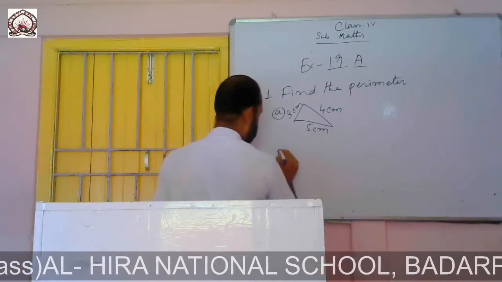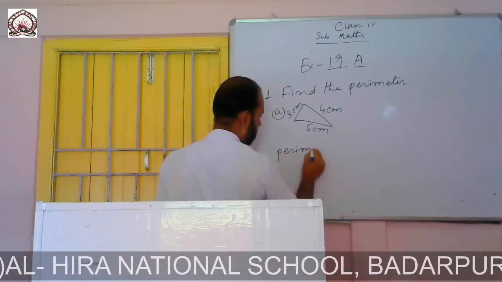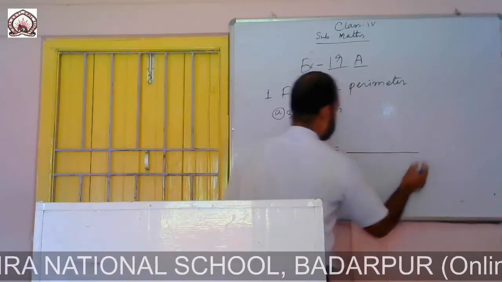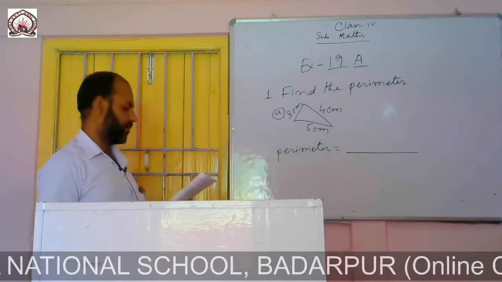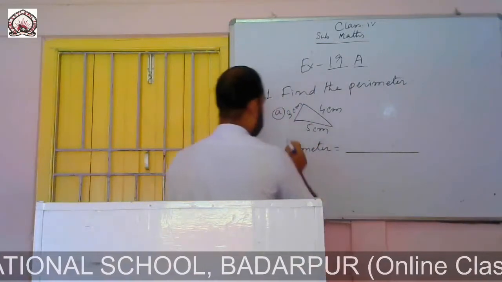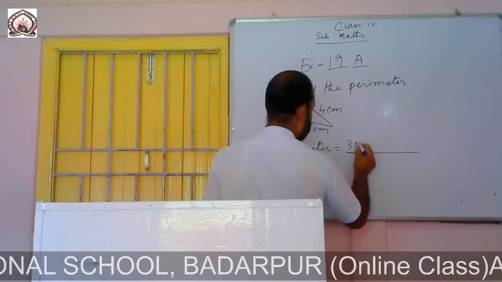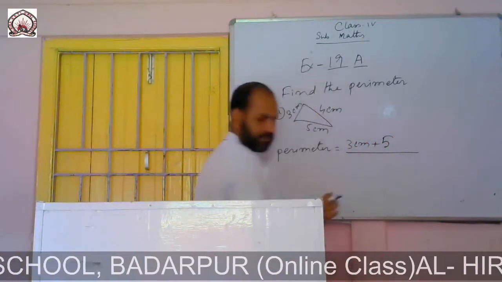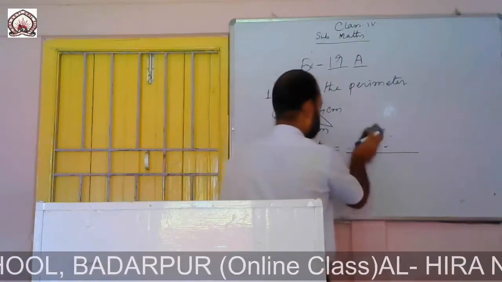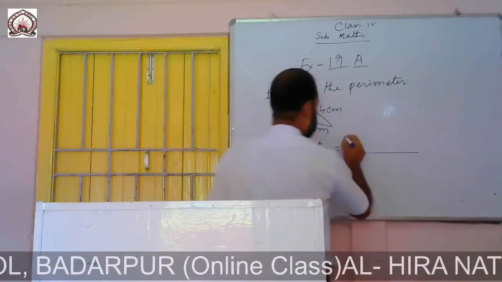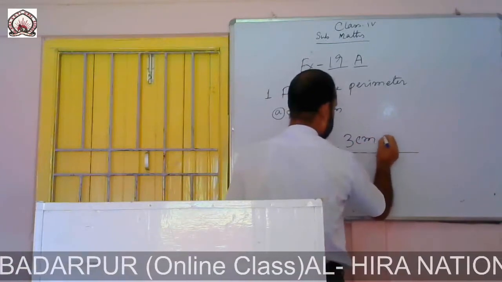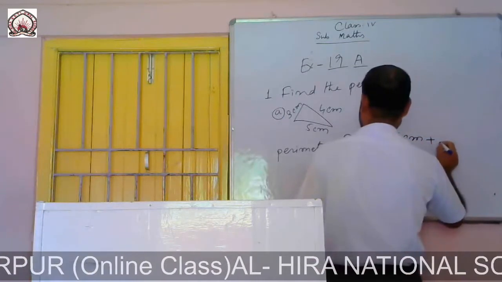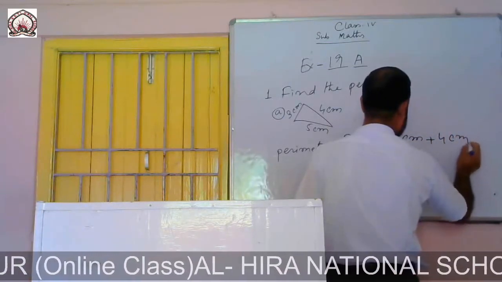Here, perimeter equal to dash. We write the perimeter of this figure. So here 3 centimeter plus 5 centimeter plus 4 centimeter.